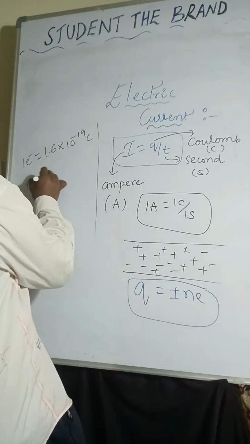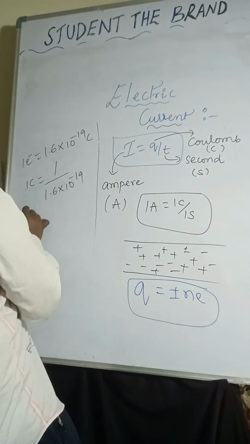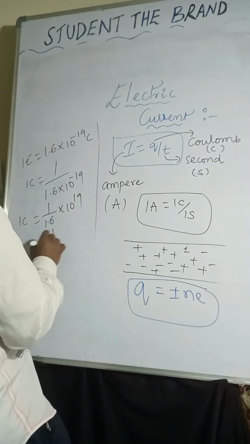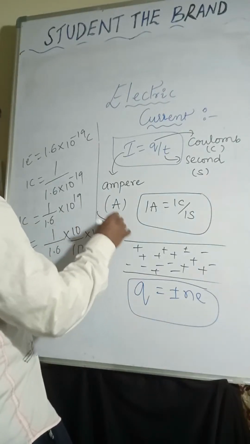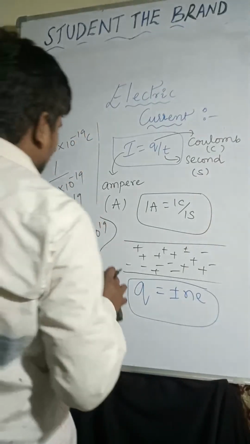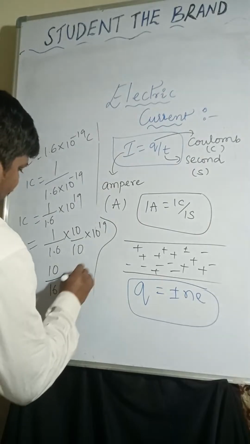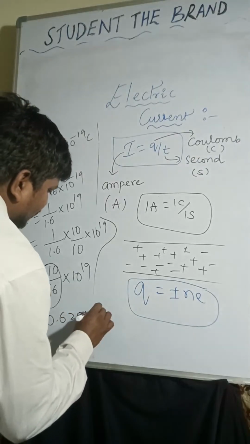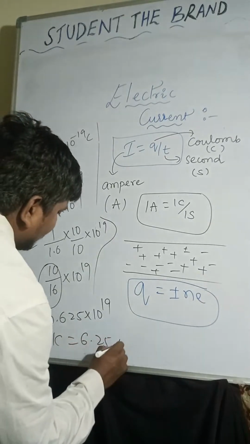In 1 coulomb, how many electrons are present? One electron has 1.6 into 10 power minus 19 coulomb, so 1 coulomb equals 1 by 1.6 into 10 power 19 electrons. That gives 10 power 19 divided by 1.6, which is 0.625 into 10 power 19, that is 6.25 into 10 power 18 electrons.